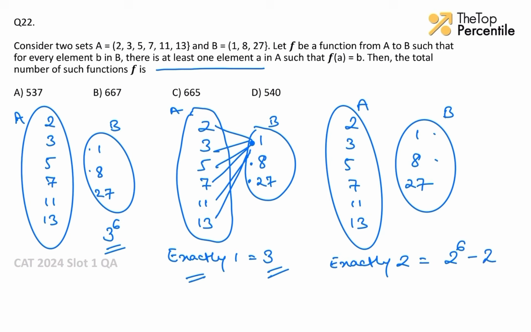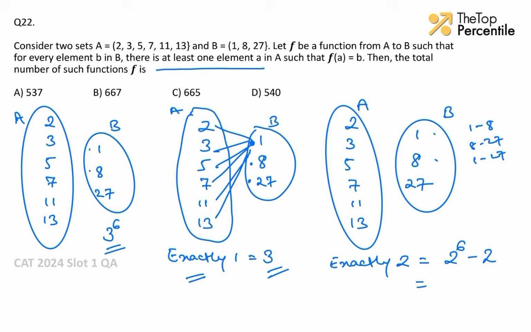I have 3 such pairs: 1 and 8, 8 and 27, and 1 and 27.